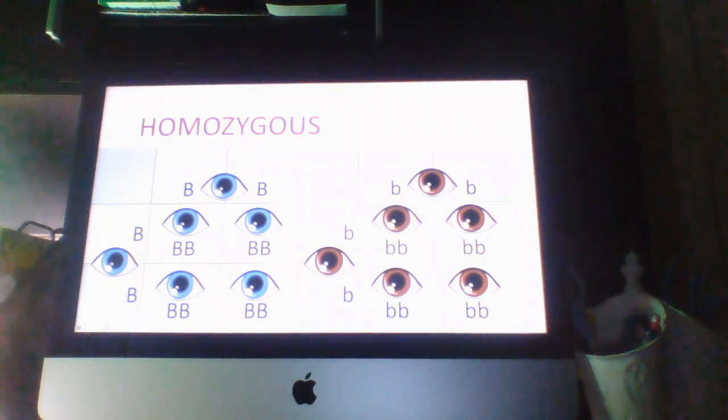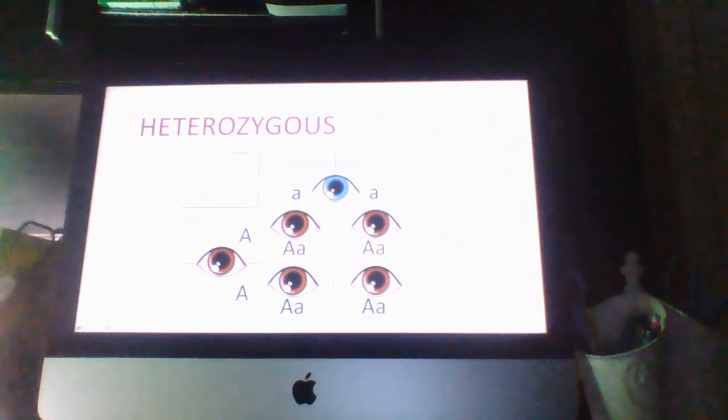So that individual will definitely have brown eyes. Let's look at heterozygous. Now you have both dominant and recessive. So if you'll notice here in these squares, and we're going to show you how to do this, in this particular one, even though you have a capital A and a lowercase a, that dominant is going to overpower the recessive. So that particular individual is also going to get brown eyes.